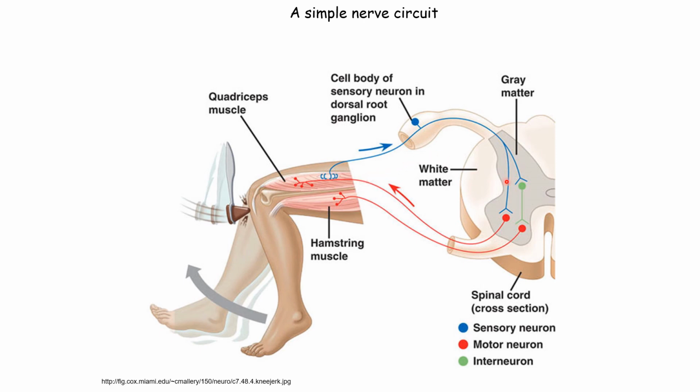At the same time, the signals go via these inhibitory pathways to relax the antagonist muscles, in this case the hamstring muscles, to allow the leg to go forward. So this is a very quick response, which is called a reflex action. In this particular case, it's called the knee jerk reflex. You can read about it, you can try this, and you can check what happens and how quickly this happens, and so on.